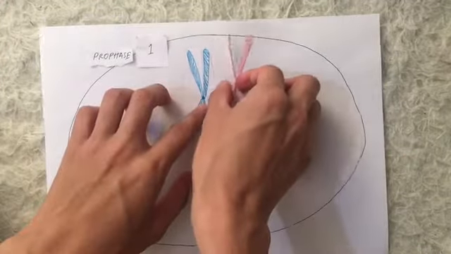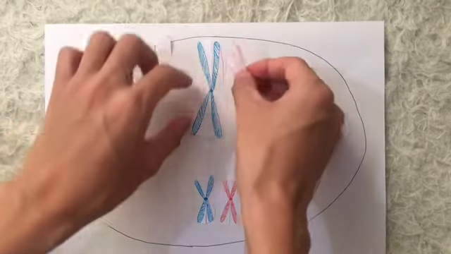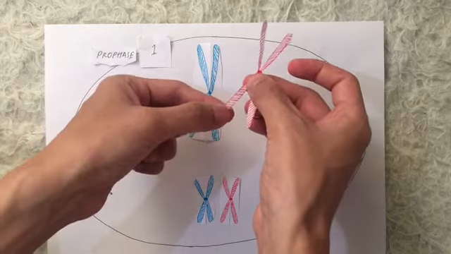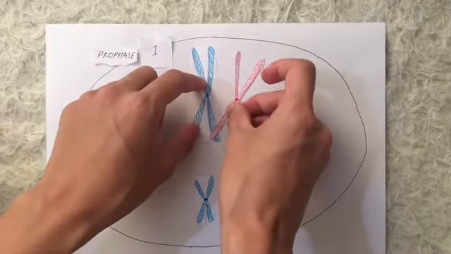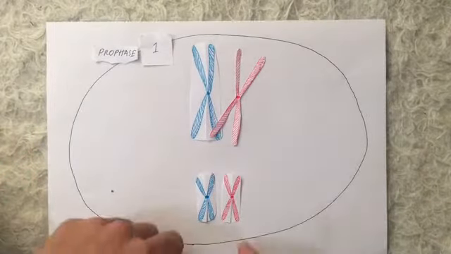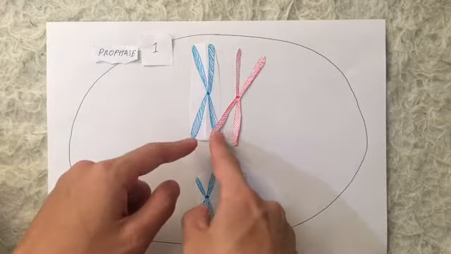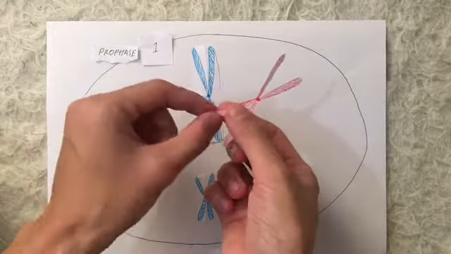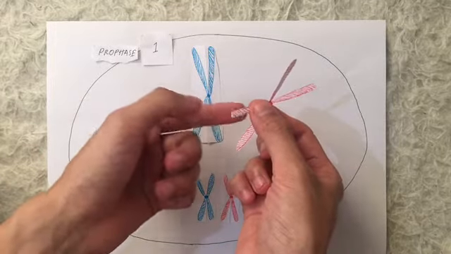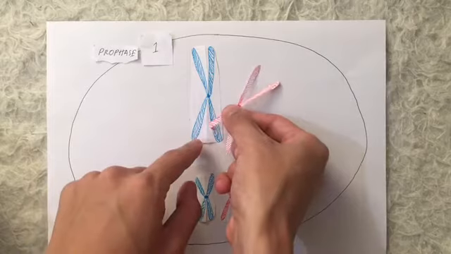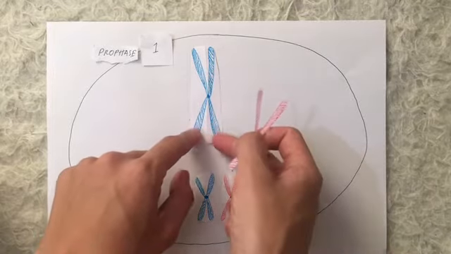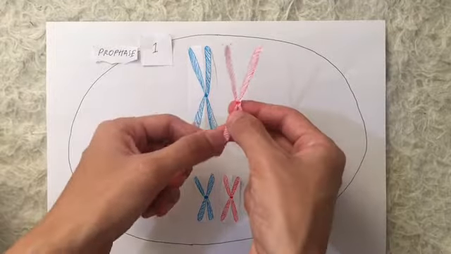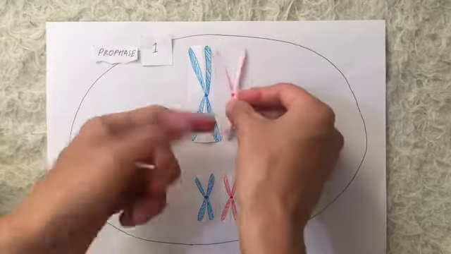What's going to happen in prophase 1 is one part of the maternal chromosome is going to overlap with the paternal chromosome, and these two are going to snap a piece of that part and put it on the paternal chromosome, and that piece from the paternal chromosome is going to attach to this part. I'm not going to do it here, but you know how it goes.